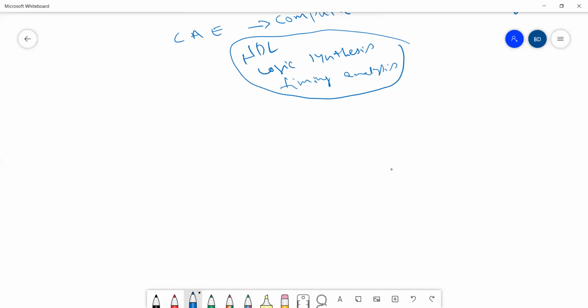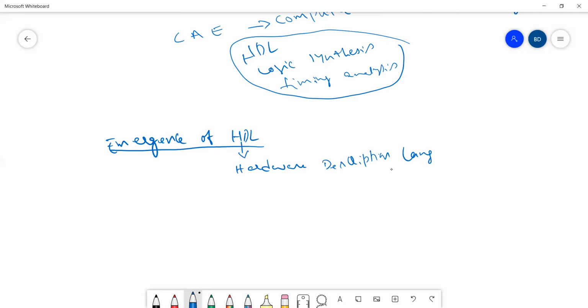So next, after that, let us discuss the emergence of HDLs. HDL stands for Hardware Description Language. Let us see how this hardware description language emerged.